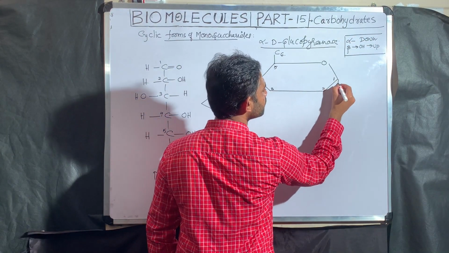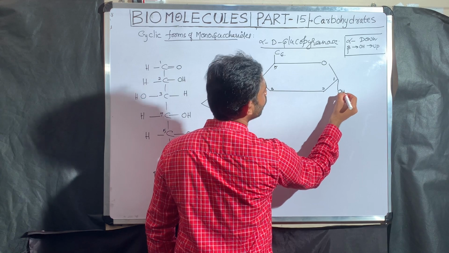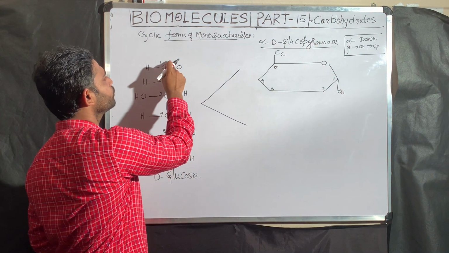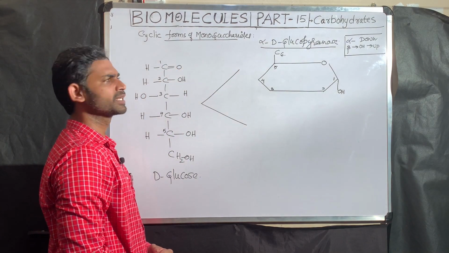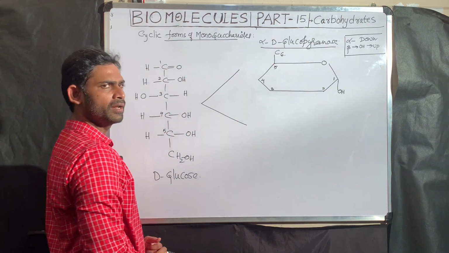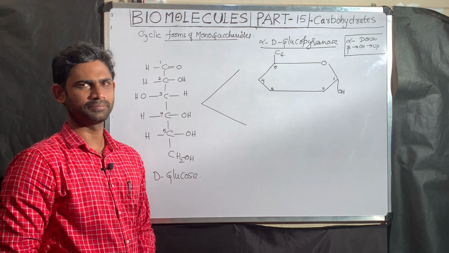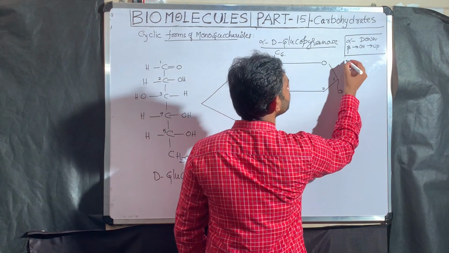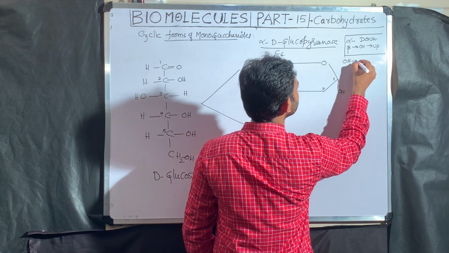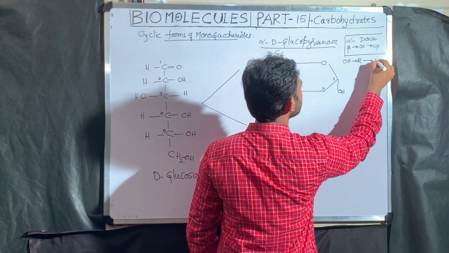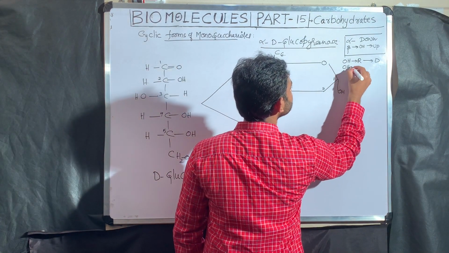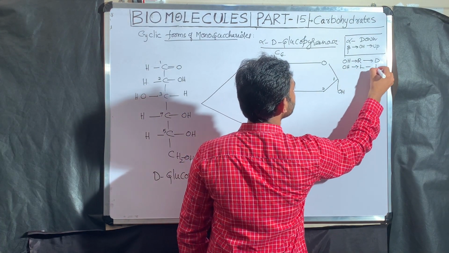This is the functional carbon, towards the down, the OH group. Now you can compare. This is the functional carbon; forget about this one. Now come to the second carbon onwards. After the functional carbon, if the OH group is on the right side, we have to make it towards the down. If the OH group is on the left side, you have to make it up.